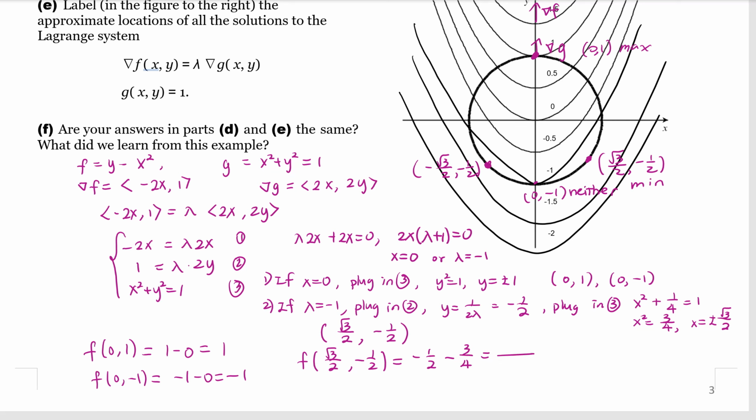With common denominator 4, that is like -2 over 4 minus 3 over 4, so that's -5 over 4. Oh, I forgot that, we also have negative root 3 over 2 and -1/2. So negative root 3 over 2, -1/2 will give us the same answer. So that's why both of them are minimum. And this guy is maximum. And this guy is neither.